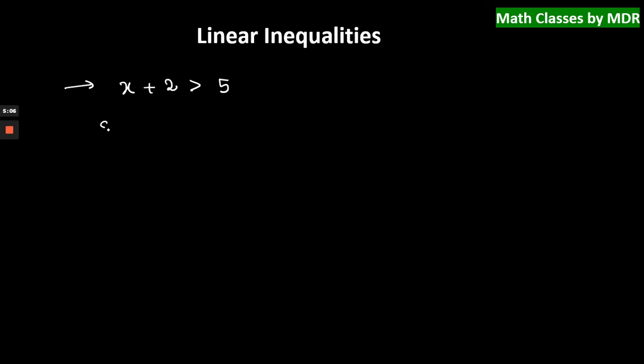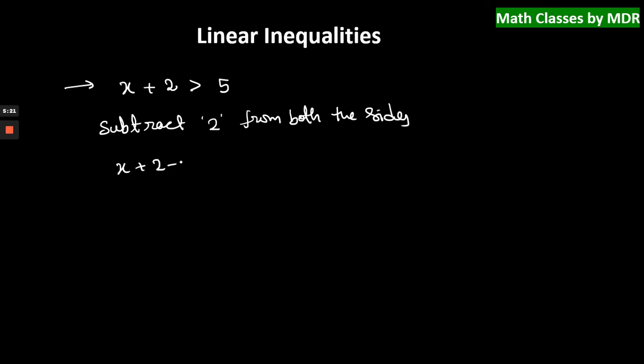So we have x plus 2 minus 2 greater than 5 minus 2. The sign remains the same, and we get x greater than 3.